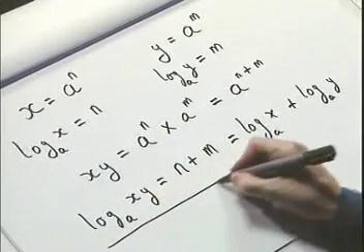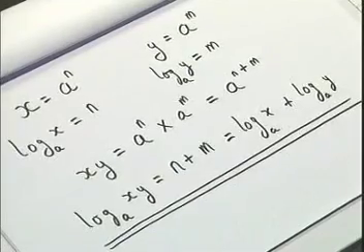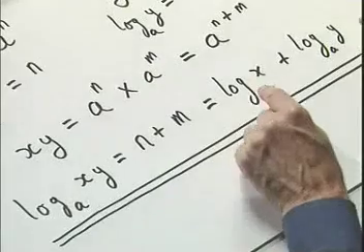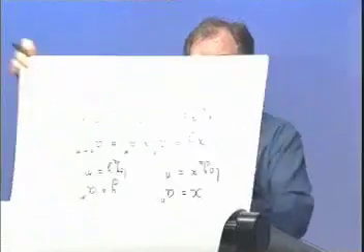And so there we have our first law of logarithms, that if we want to multiply two numbers together, we get the log of the product by adding the logs of the two individual numbers. That's our first law.